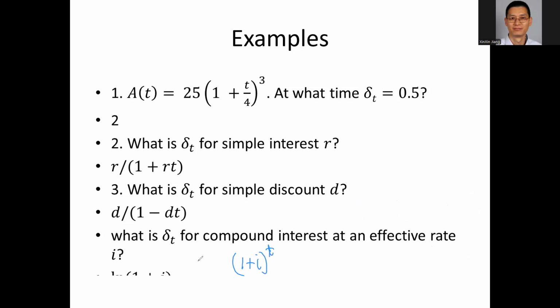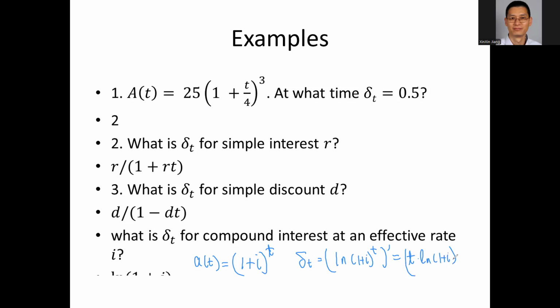Then you take the log function. So delta t is the derivative of log of 1 plus i to the t. You pull out this t from the exponent.